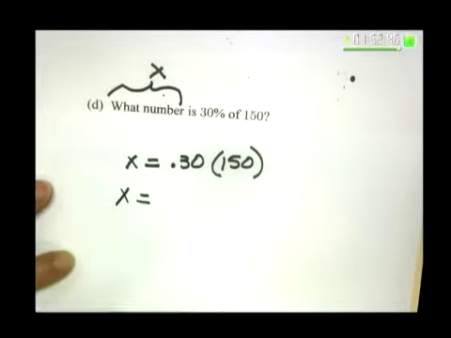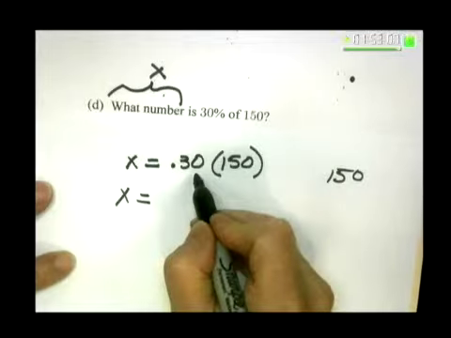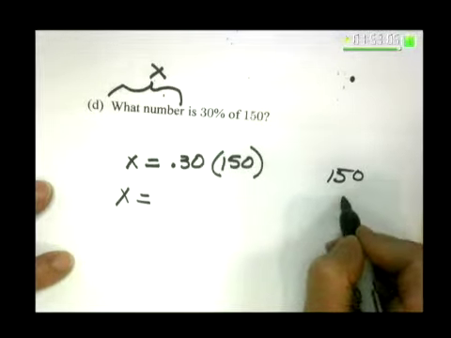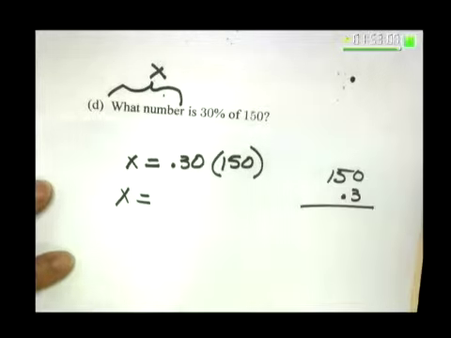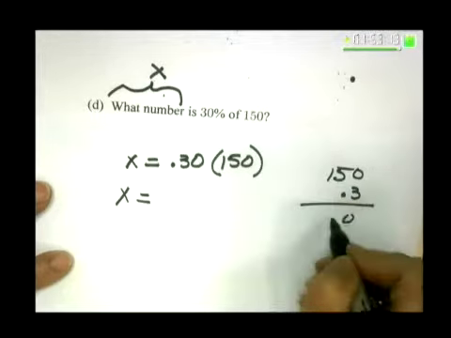So the algebra part was simple. The part we have to do now is multiply 0.3 or 0.30 and 150. So I'm going to write 150, and a 0 at the very end doesn't have any place value, so I'm just going to go times 0.3. So 3 times 0 is 0. 3 times 5 is 15.